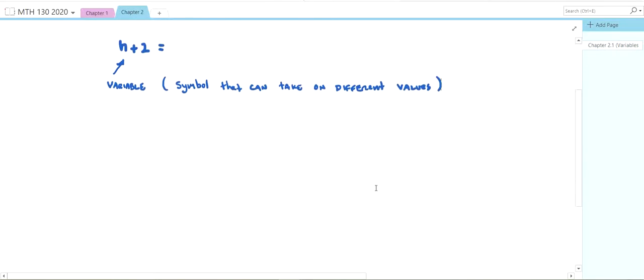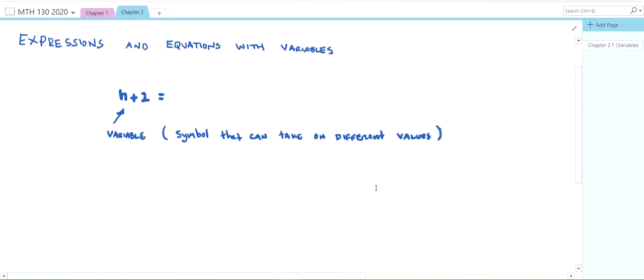Okay. Now the values that the variable takes on, when we have an expression like this, we'll call that the domain.